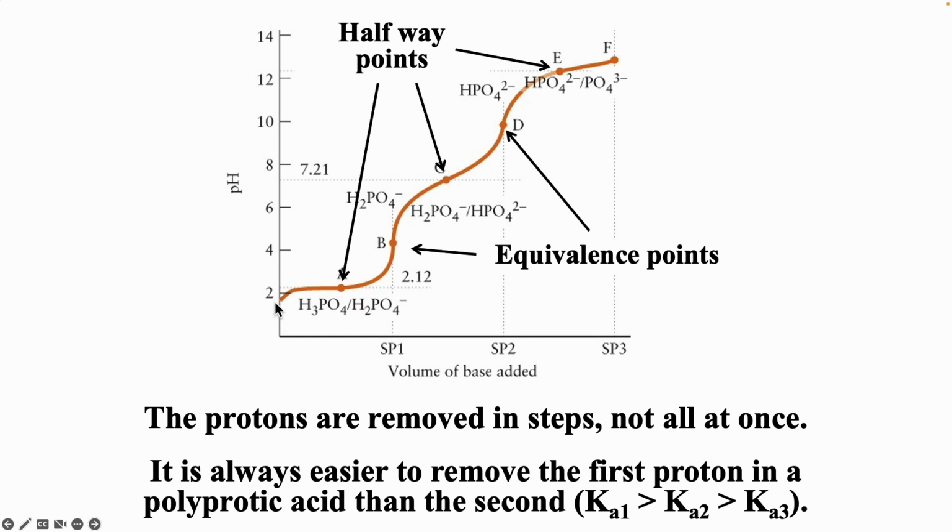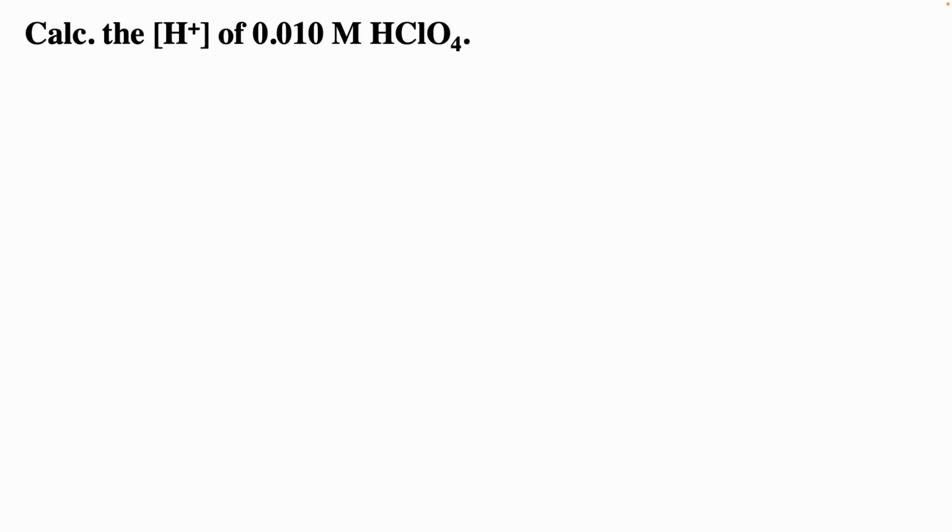We're starting with phosphoric acid, we're adding hydroxide ion, and first all the phosphoric acid reacts. And then the dihydrogen phosphate is what's left. And then that reacts, and so you have the hydrogen phosphate, and then that reacts, and then you end up with just the phosphate ion. Again, Ka1 is always greater than Ka2, which is always greater than Ka3. It's always harder to remove subsequent hydrogen ions.